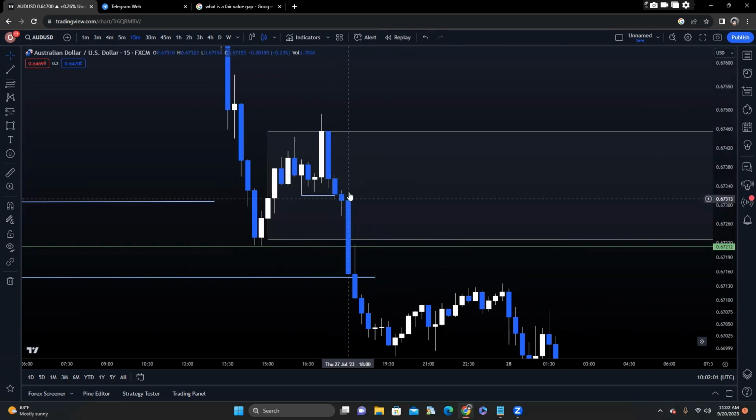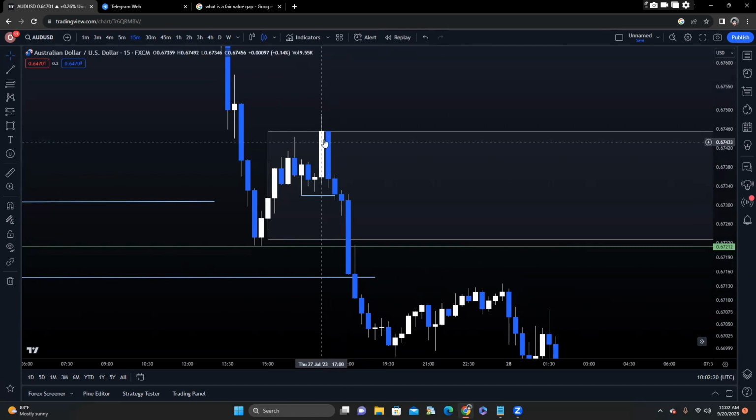If we were to refine it, though it is from this point to this point, you could refine this order block even smaller to maybe just be this level to this level here.